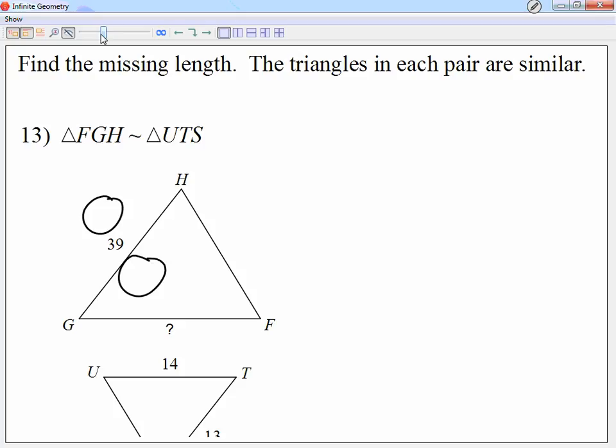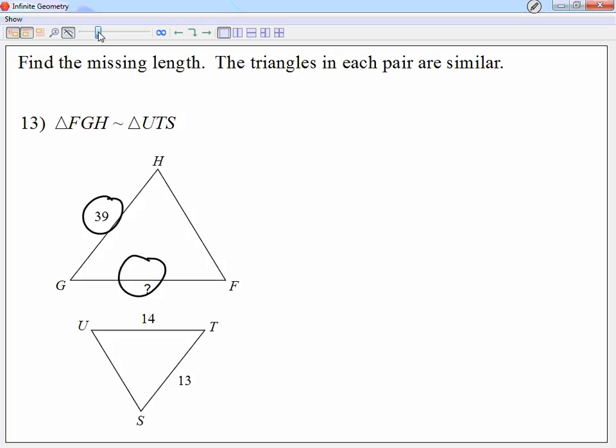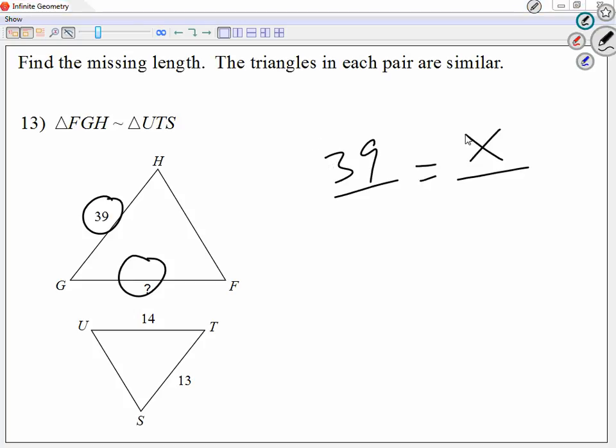I used a string. You guys can use the edge of a paper. So I'm going to say 39 is smaller than x. For the other figure, we have 13 and 14. I think we can agree that 13 is smaller than 14.